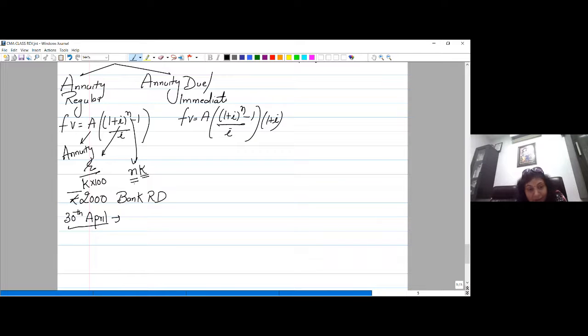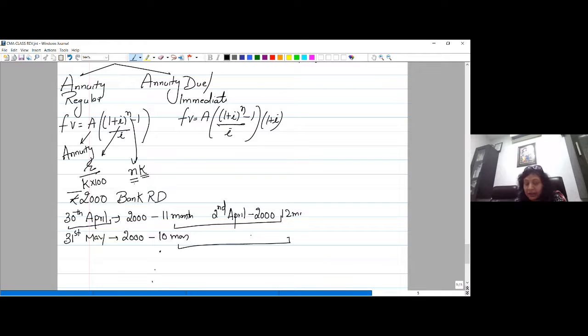That means the interest on this 2,000 is for 11 months, because April has already gone. The amount paid on 31st May, that is 2,000, gets interest for 10 months, and so on. But when we deposit at the beginning of the month, like on 2nd of April, the 2,000 will get interest for the complete 12 months. So for every installment you get one extra period of interest. That's why we multiply by 1 plus I.